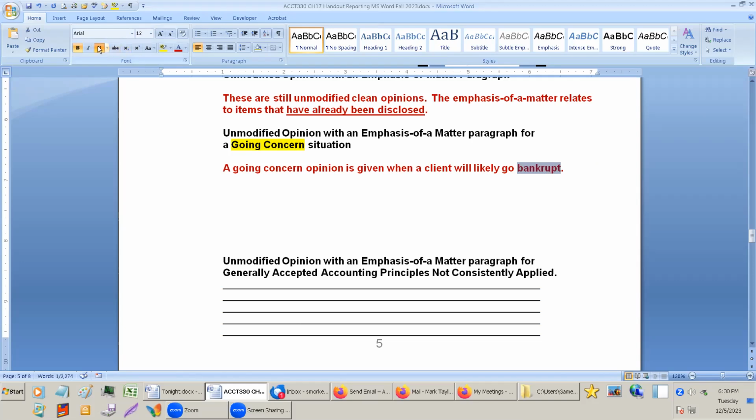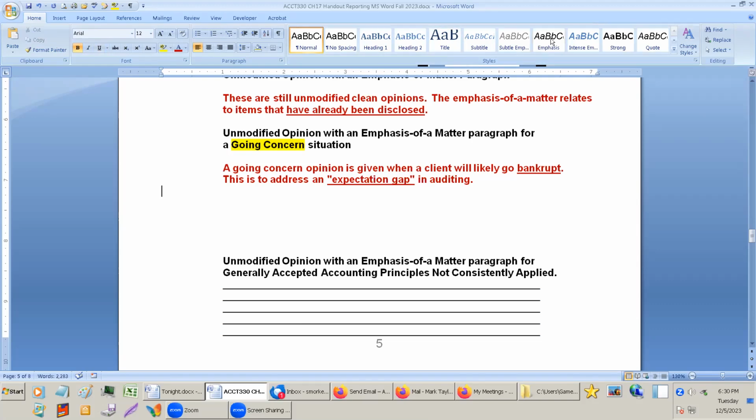And this is to close up an expectation gap. So expectation gap. All right. So what do I mean by that? So going concern opinion.